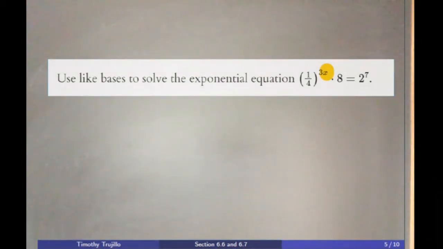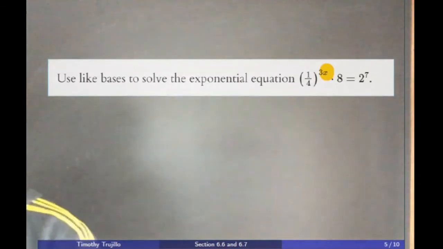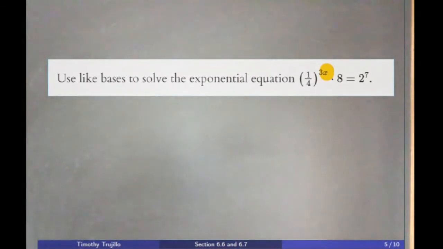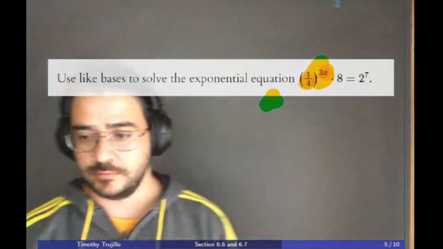the way that we'll solve this problem here is, again, to first isolate the term that has the unknown, or the factor that has the unknown in this case. So that is the 1/4 to the power of 3x. To get that on its own, what do we need to do to both sides of the equation?